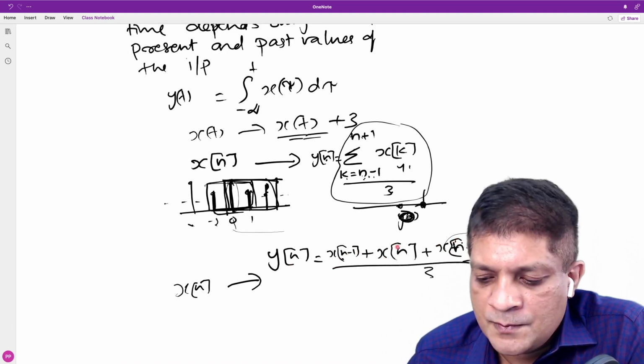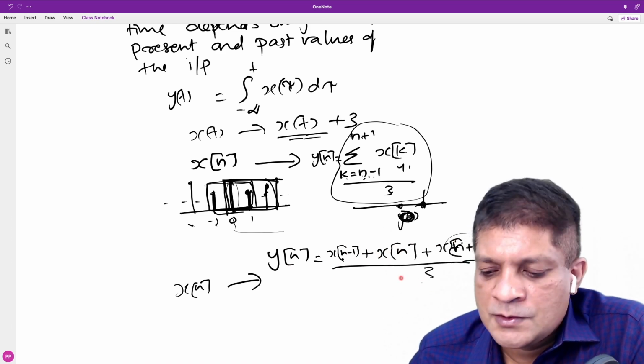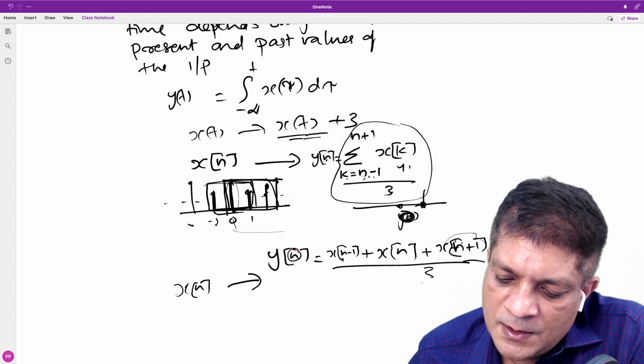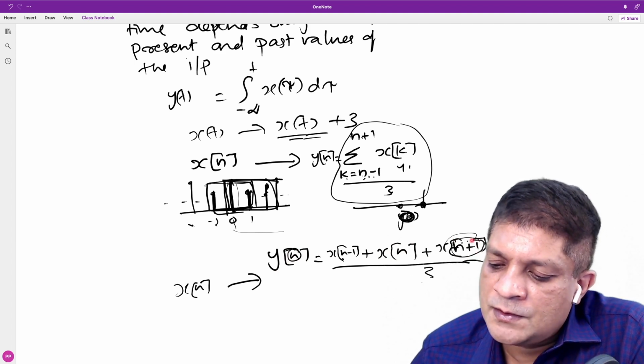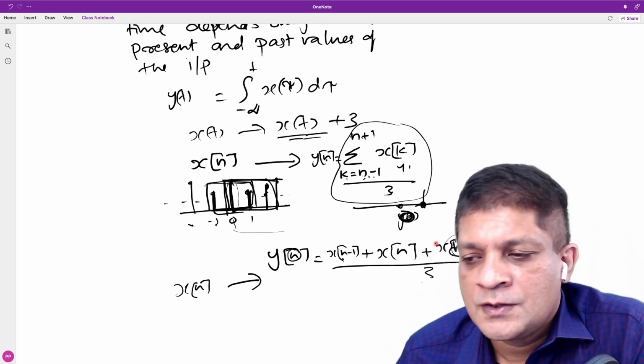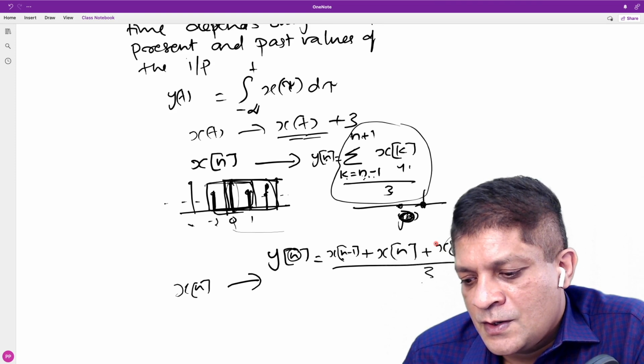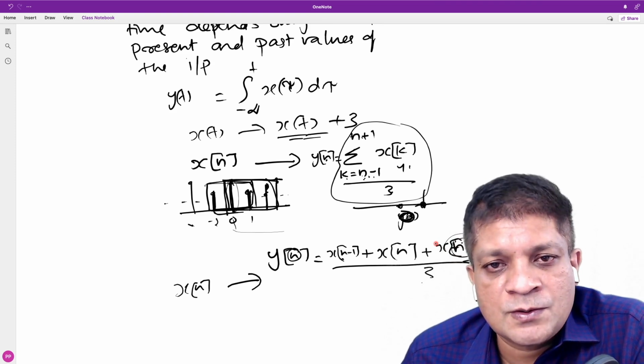So at any instant of time n, it depends on the value at n plus 1, the next value also. So this is not a causal system. It is a non-causal system.